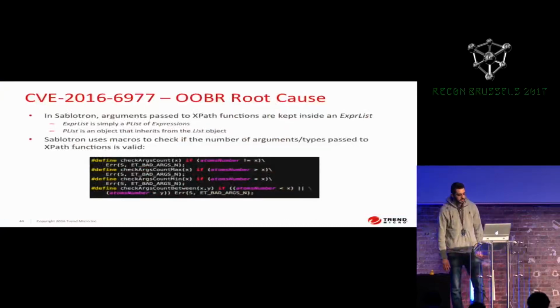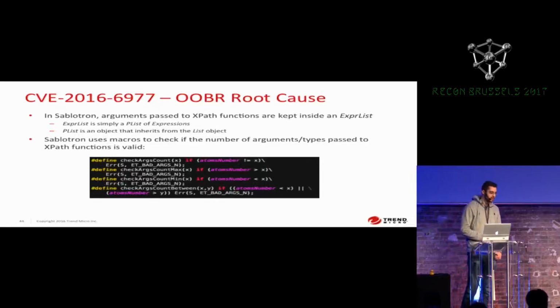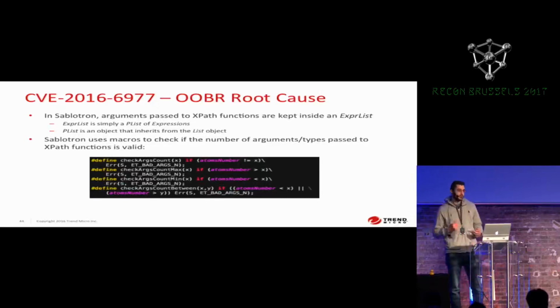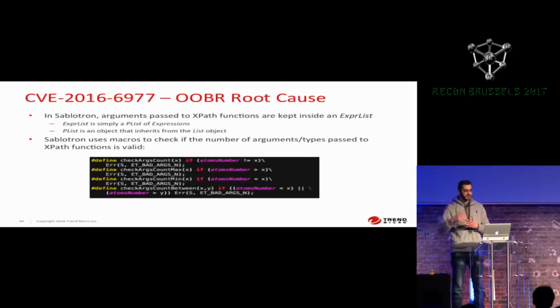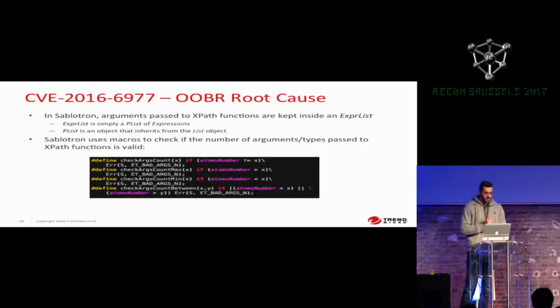This one is in the way XPath functions are being handled inside Sublotron. The XPath functions in Sublotron check for the arguments first, the argument types, and then they reference these arguments. All the checks are being done inside macros. For example, check args count checks if the number of arguments is right.